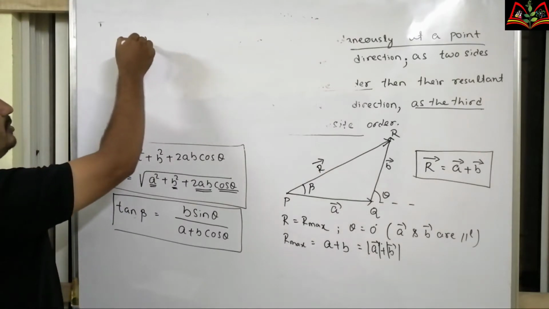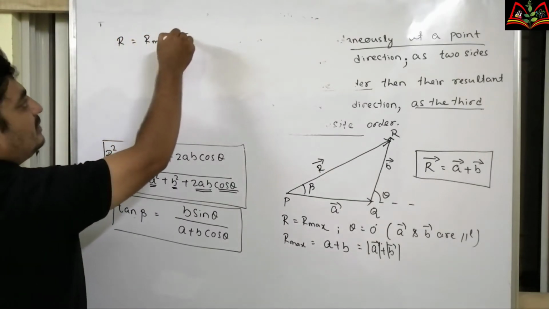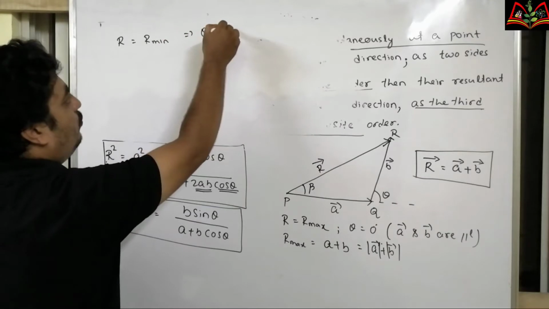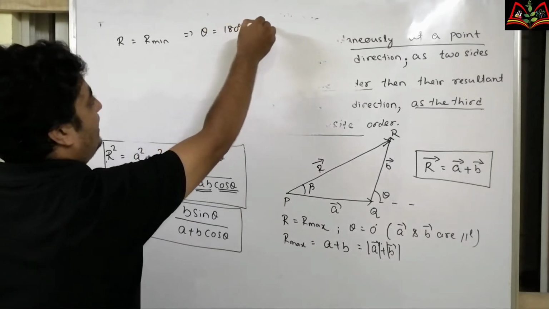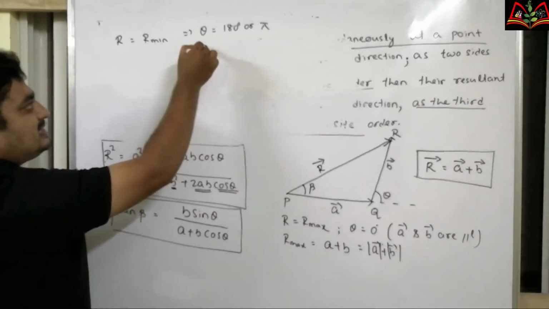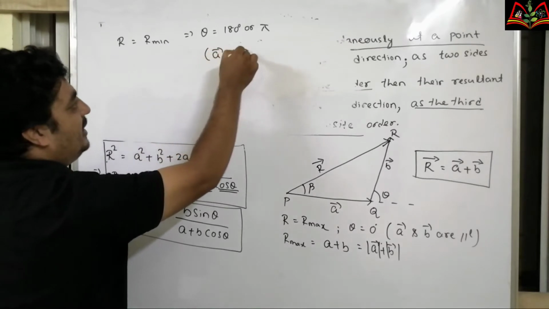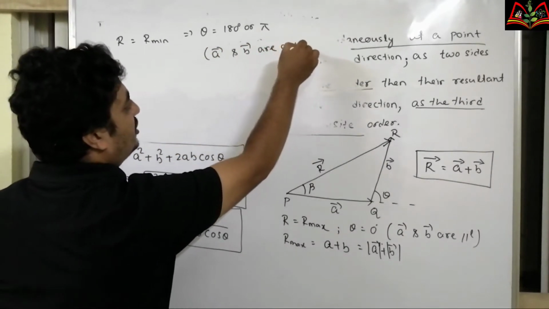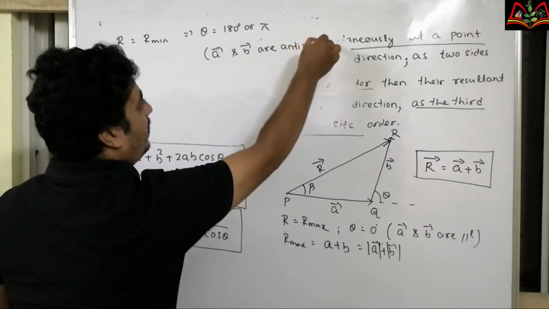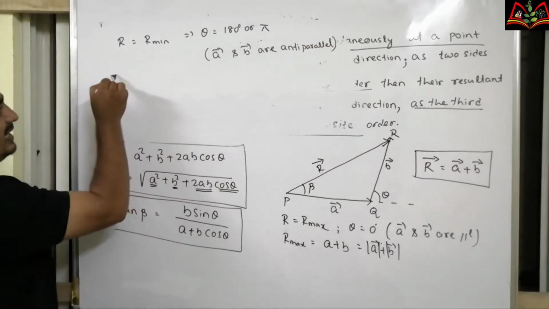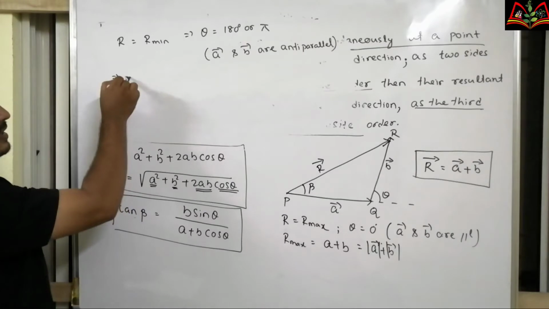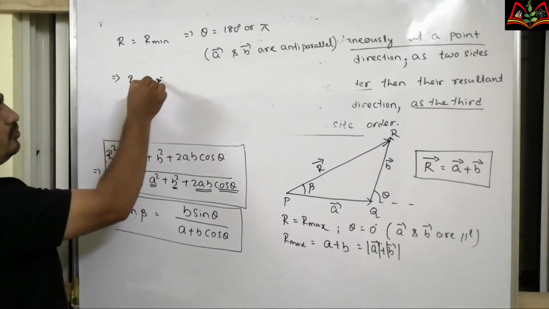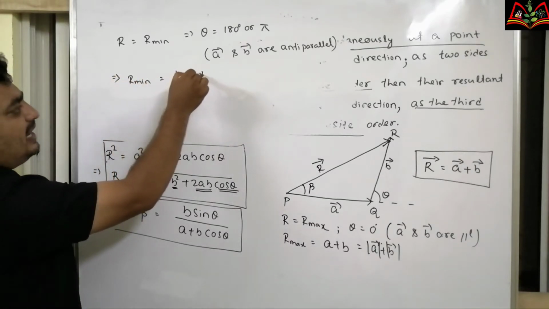It is possible if theta equals 180 degrees or pi radian. That means A and B are anti-parallel, or opposite to each other. In that case, we'll get R min equal to mod of A minus B.